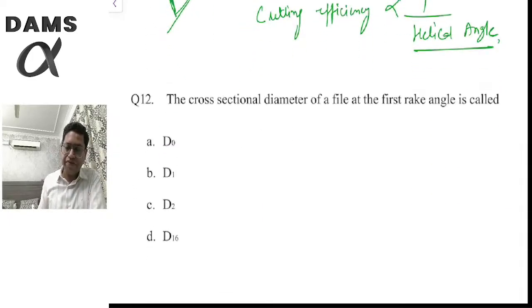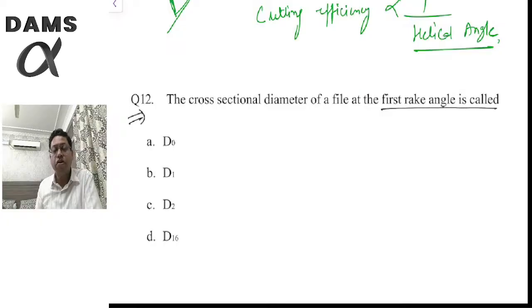Question number 12. The cross-sectional diameter of a file at the first rake angle is called D0, D1, D2 or D16.